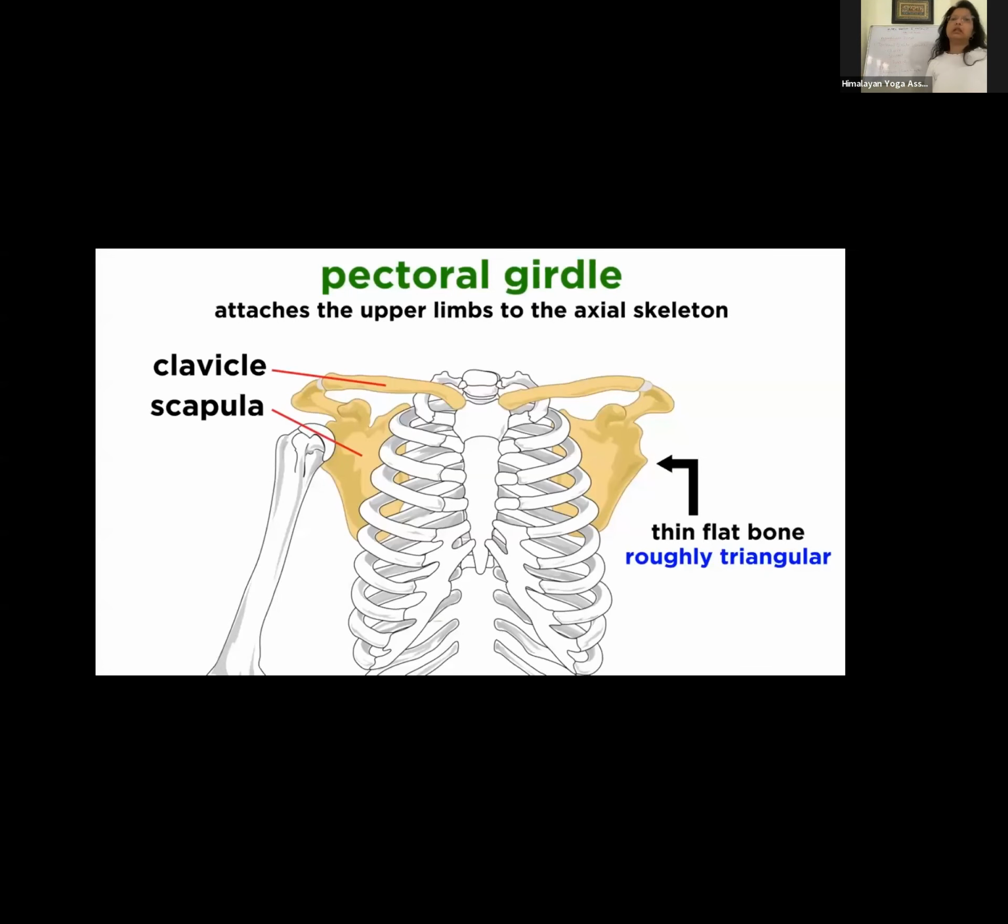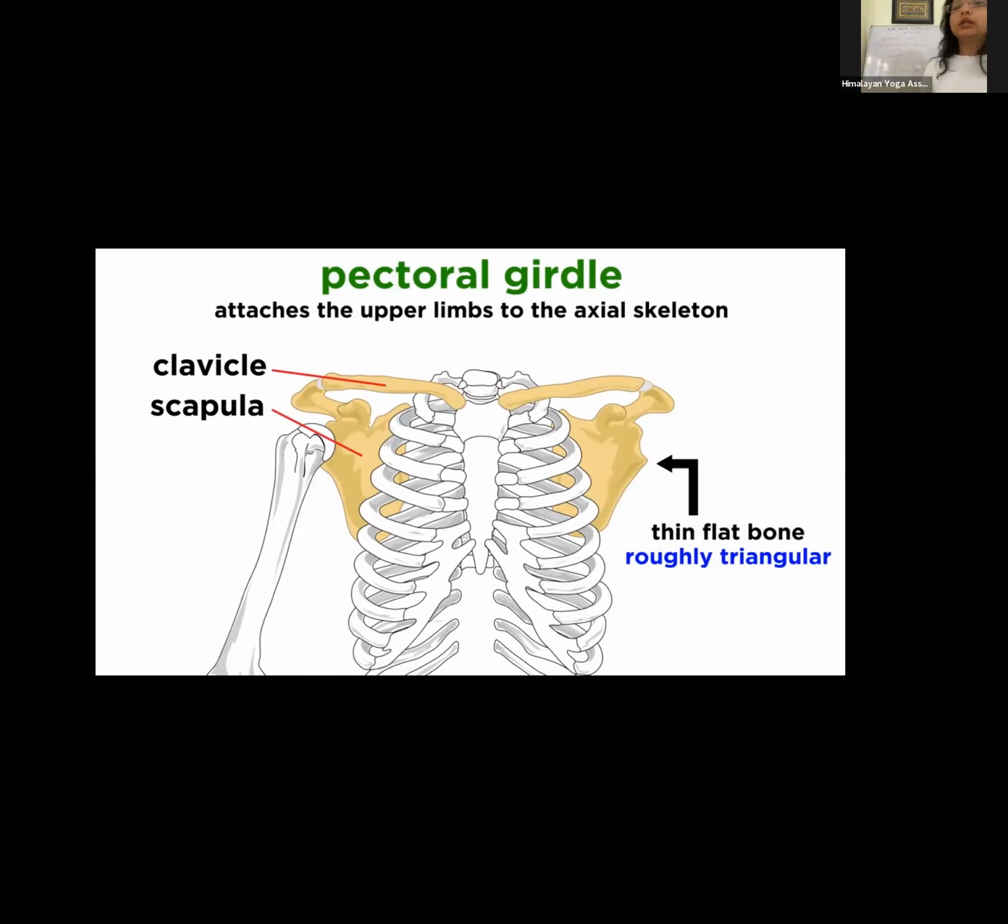That is called the clavicle. For some people it's even visible. For very skinny people, this clavicle bone is absolutely visible. And then at the back, that triangular, thin, flat bone is called the scapula.